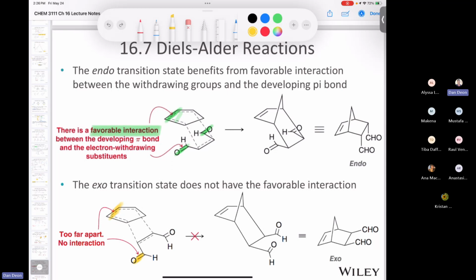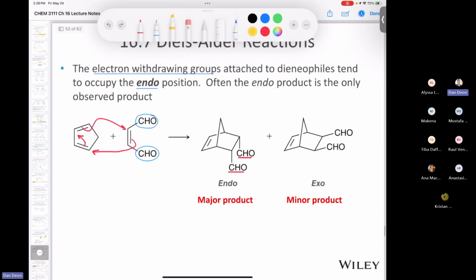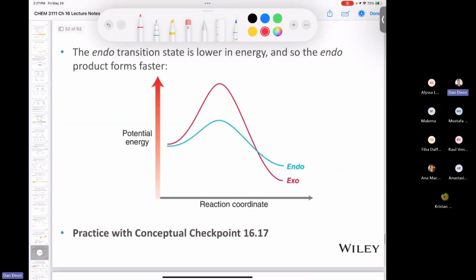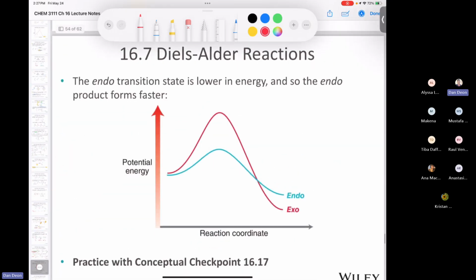All you have to know is that if your dienophile is cis, like this, cis or Z, whatever you want to call it, in that case both groups are going to be pointing down. If it was trans, then one would be in the endo position, one would be in the exo position. So the endo transition state is lower in energy. Why would that be? Because you end up with that more favorable interaction.